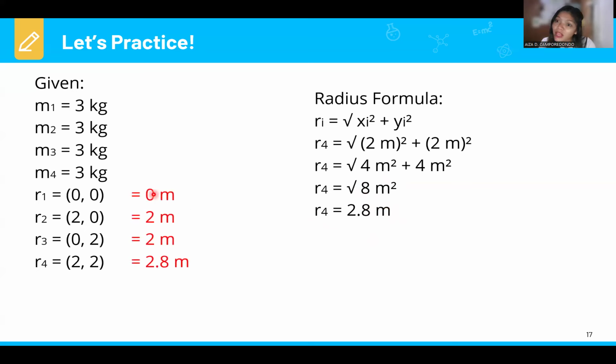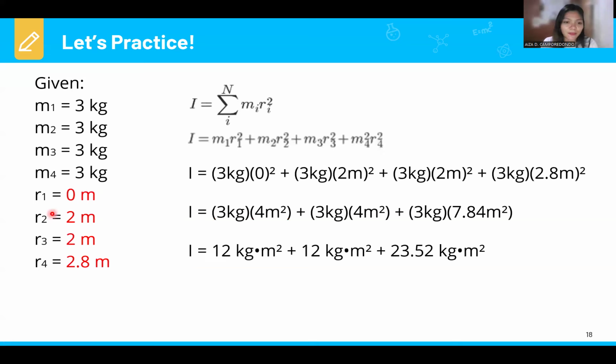So we now have all the given radii of the first, second, third, and fourth particle out of the coordinates.